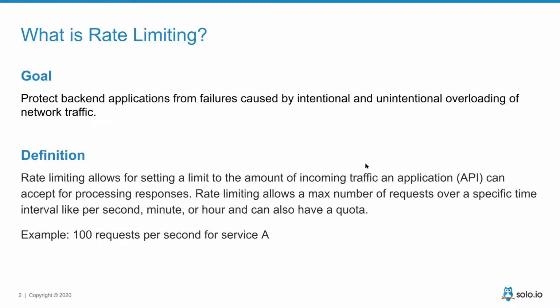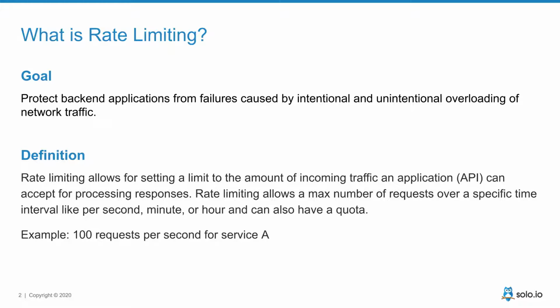The goal is to protect applications, and ultimately we're trying to protect from failures related to bursts of network traffic, which could be intentional or unintentional. We're also trying to potentially tie the APIs that we're exposing with our application, and generally just encourage usage patterns that fit in with the plan.